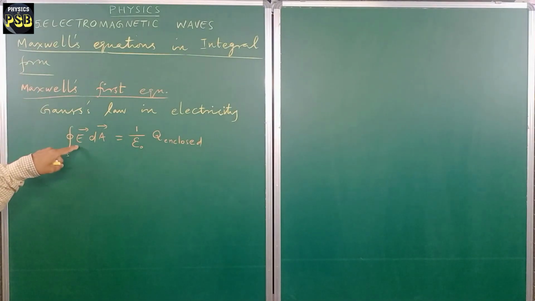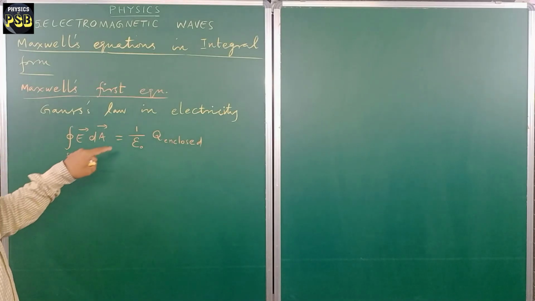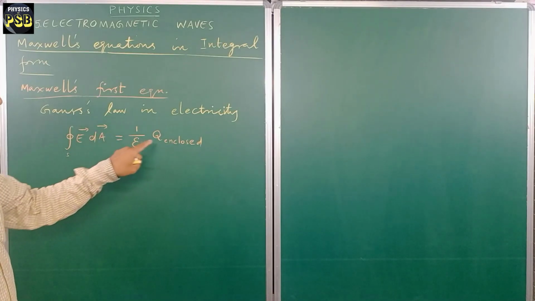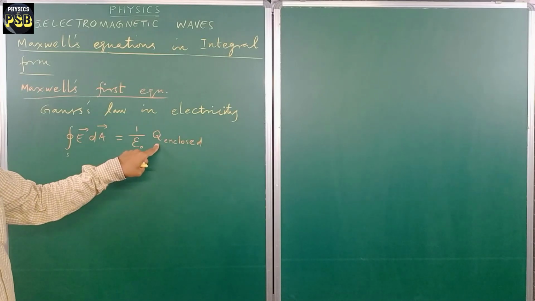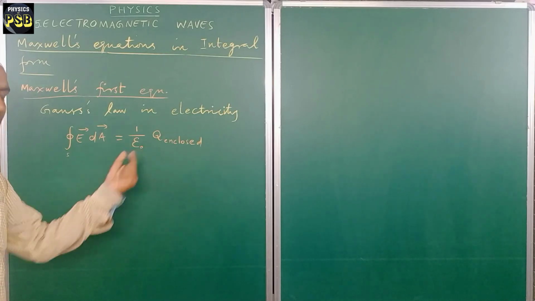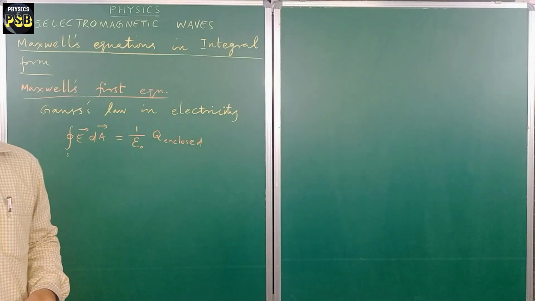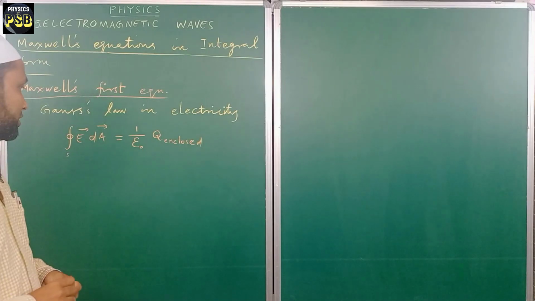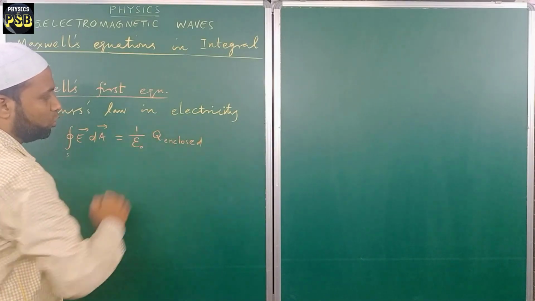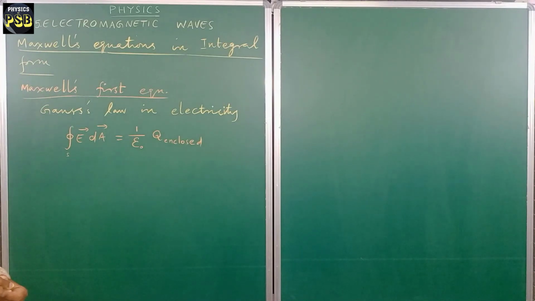Surface integral of electric field over a closed surface is equal to 1 upon epsilon naught times the charge enclosed by the surface. Here epsilon naught is the permittivity of free space. Now this we have studied in electrostatics. And Q enclosed is the charge enclosed by the surface.